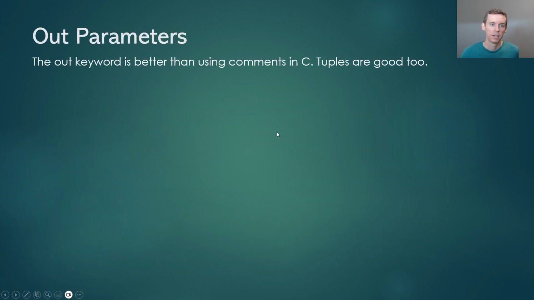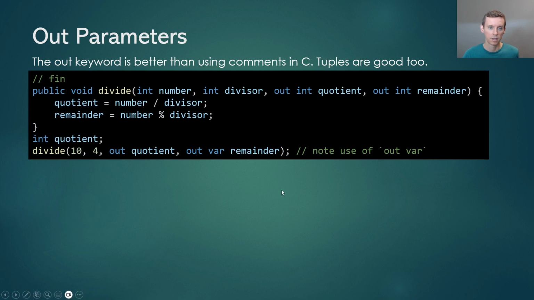Out parameters. So I would say that the out keyword is better than using comments in C or C++. And the next slide talks about tuples, which are helpful too for basically multiple returns. So in this example, all we're doing is some division where we get out the quotient and the remainder. The quotient is just integer division, and the remainder is modulus.